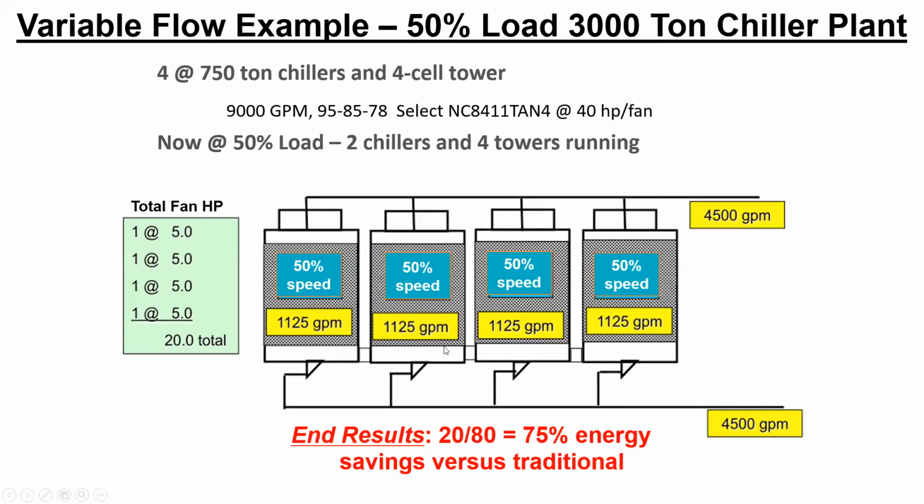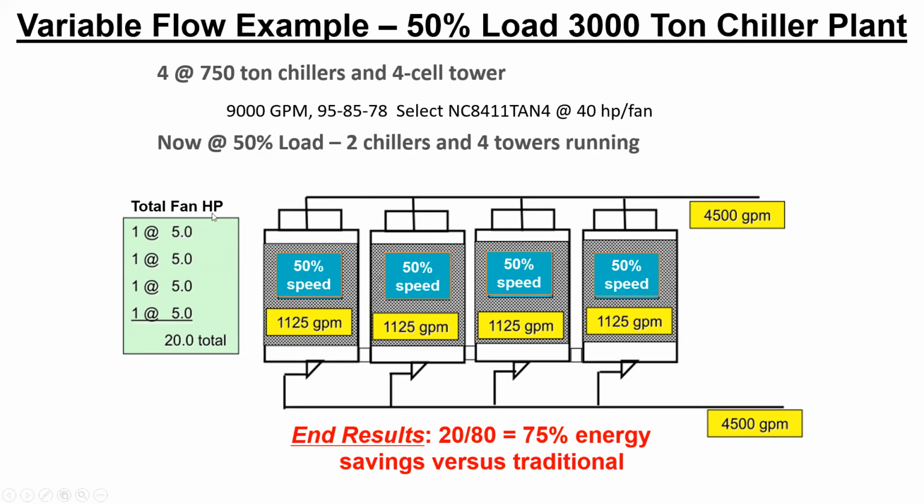Now let's assume another scenario. Our chiller plant is at 50% load, which means that 2 chillers work, 2 chillers are off. Now let's distribute all the condenser water flow between the 4 towers. Now we're reducing the speed to 50%. Again, the power use is the cube of the reduction in speed.